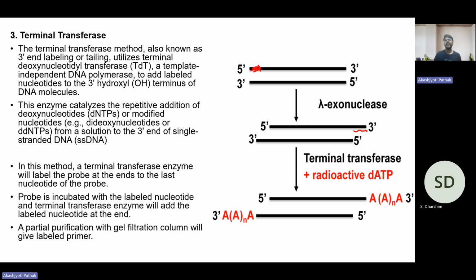So I was explaining terminal transferase is used in homopolymer tailing as well. So here also the terminal transferase and radioactive dATP is used. What this terminal transferase does is it adds an adenosine molecule at the 3' end of the DNA.